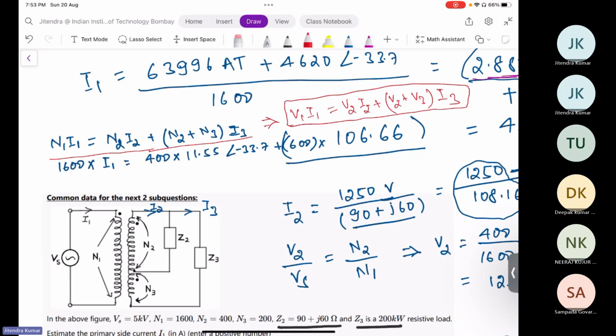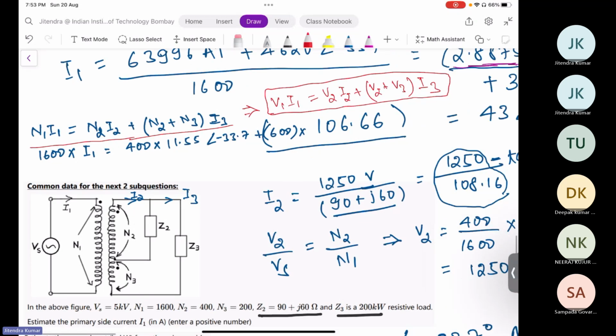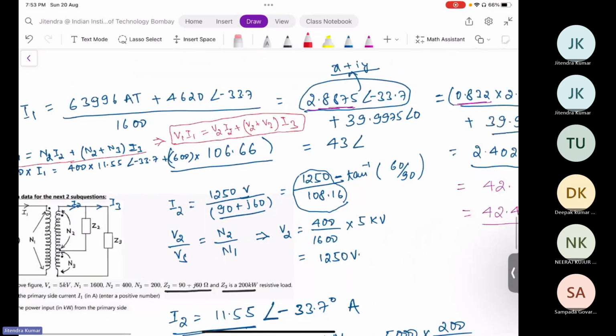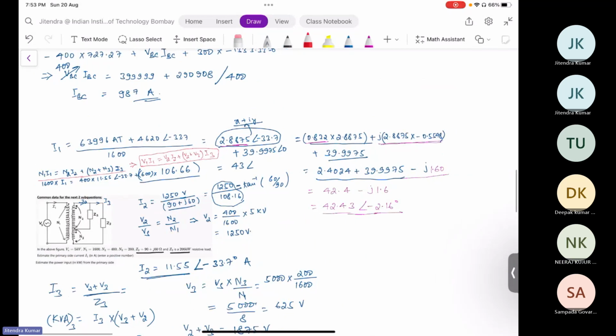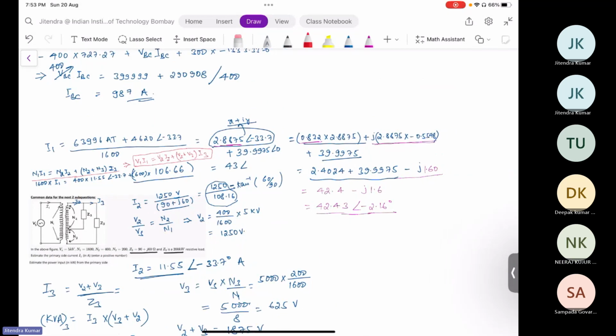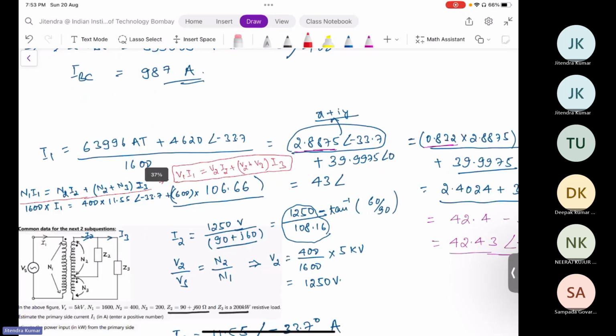Sir, for this MMF balance, is it necessary to consider the phase angle? Yeah, if phase angles are there, it is very necessary. Otherwise, you will end up with some different value of current itself. You will not get 43 or 44 ampere, whatever you compute, 42.4, so you will never get it. And the power factor angle you can never achieve exactly.